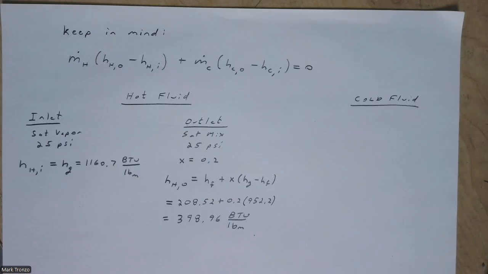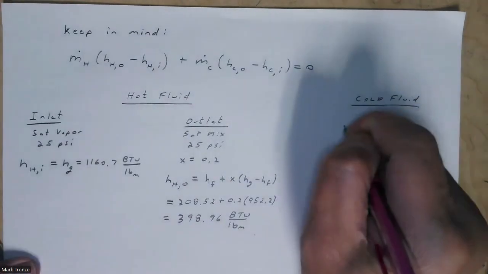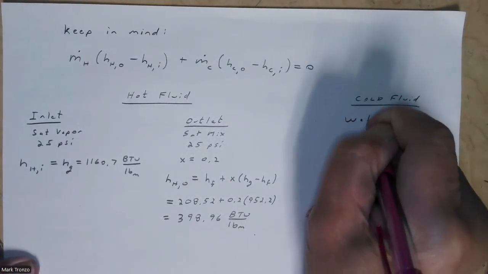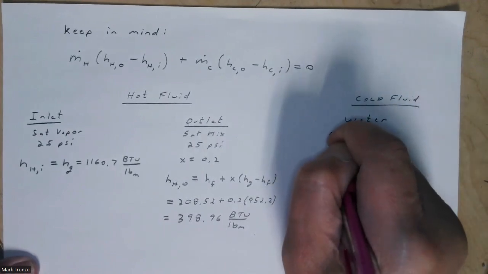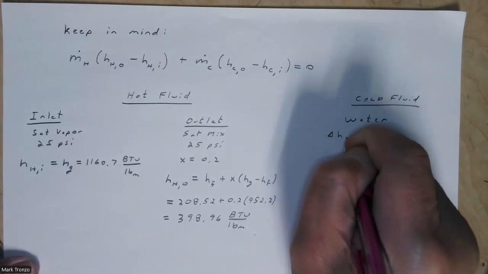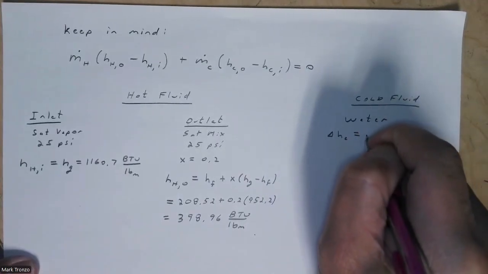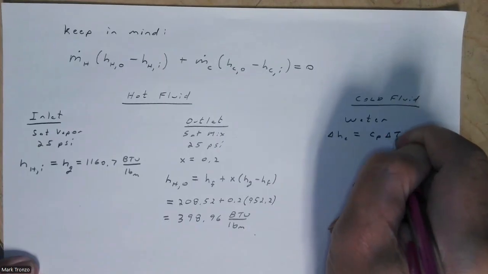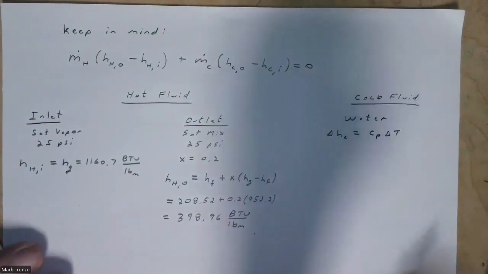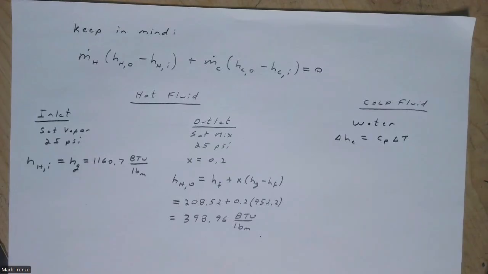Now, for the cold fluid, once again, that's going to be water. So for the cold fluid, our delta H cold is going to be our CP delta T. And once again, if you look it up in the table, in my book, it's table B6.